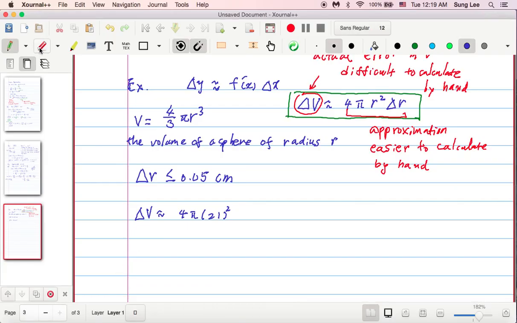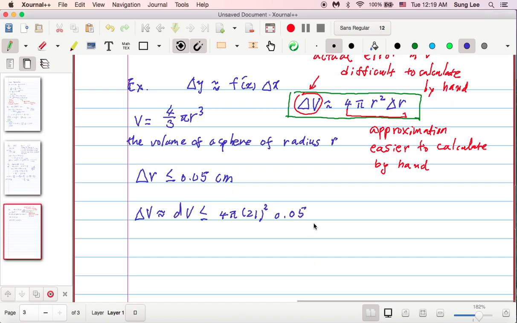So I should say delta V is approximated by dV, but dV is actually less than or equal to 4 pi 21 squared times delta R. I'm going to use this maximum value, 0.05.